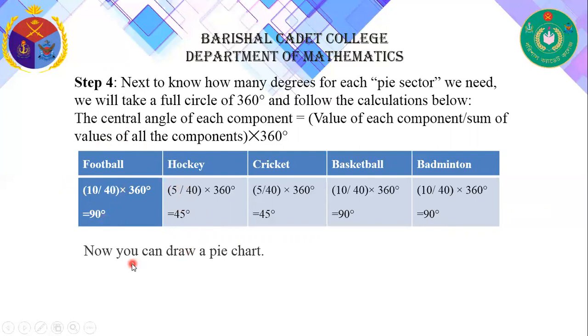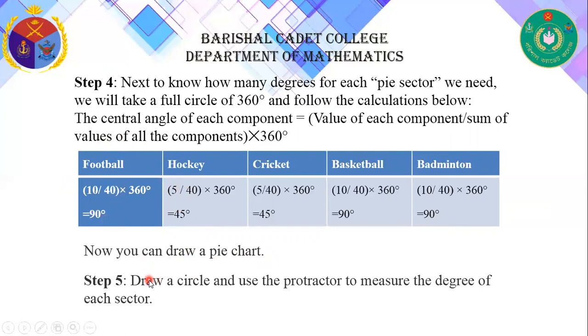Now we can draw a pie chart. Step 5, draw a circle and use the protractor to measure the degree of each sector. So, cadets, we have to first draw a circle and use the protractor to measure the degree of each sector.